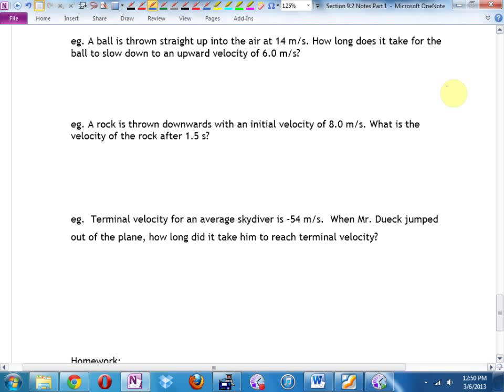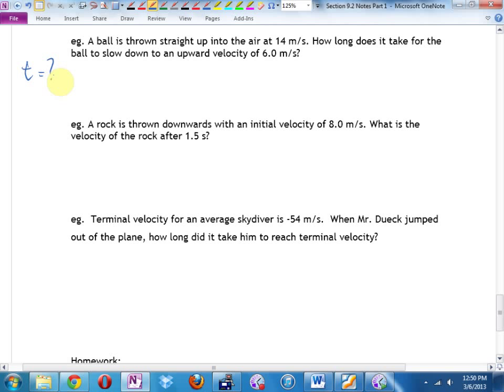A ball is thrown straight up into the air at 14 meters per second. How long does it take for the ball to slow down to an upward velocity of 6 meters per second? What are they asking me to find? Okay, let's look for key words. I see a 14.